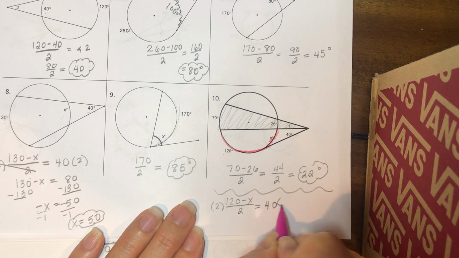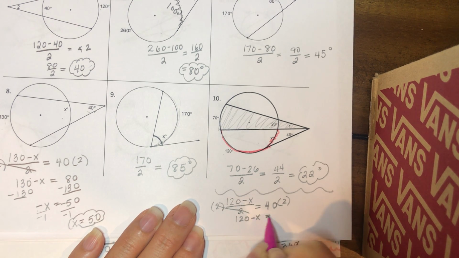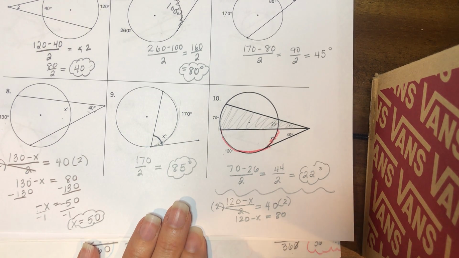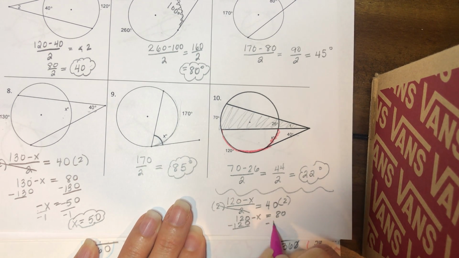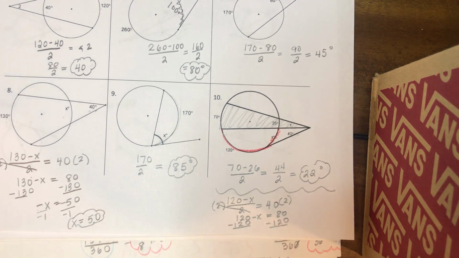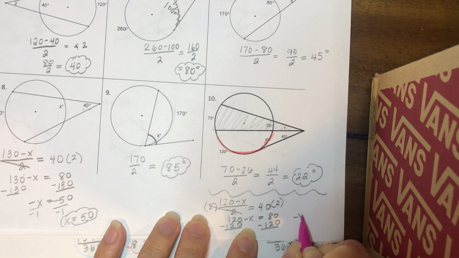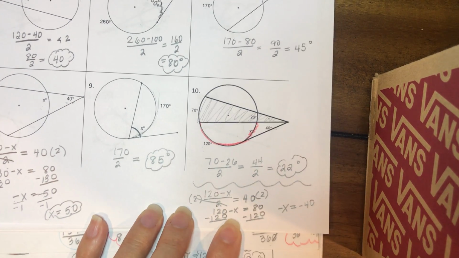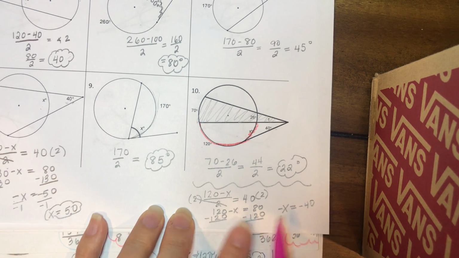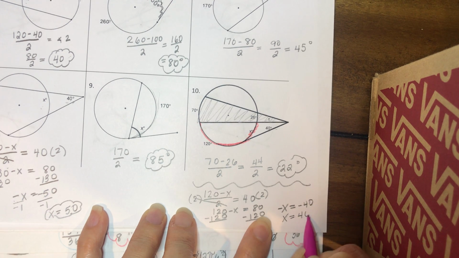Multiply by 2 on both sides. 120 minus x equals 80. Subtract the 120. All right, we're going to get a negative number, no big deal. So I'm going to write over here, negative x equals negative 40, but we don't want to know what negative x is, so I can change both sides' signs, and x equals 40.